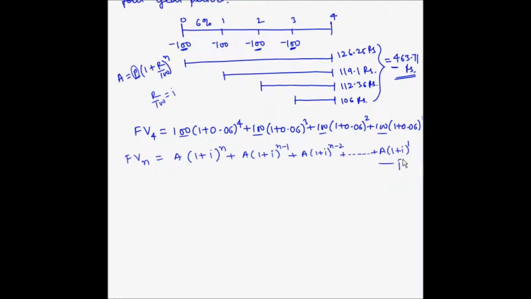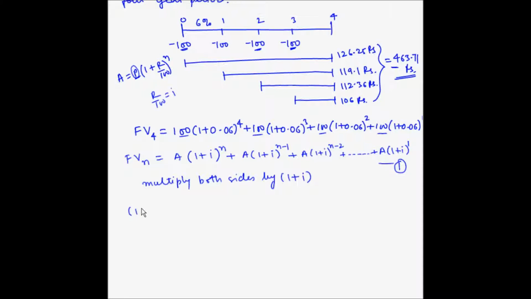So let's say this is our first equation. Now let's multiply the left hand side and the right hand side by 1 plus I. So multiply both sides by 1 plus I.